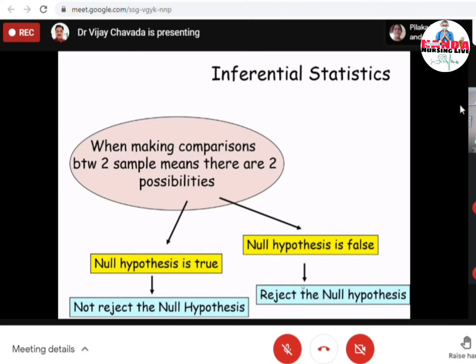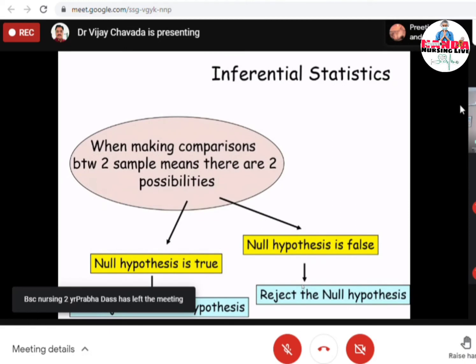When the null hypothesis is true, we are not rejecting it. When it is false, we are rejecting the null hypothesis. These two things you need to understand very clearly.